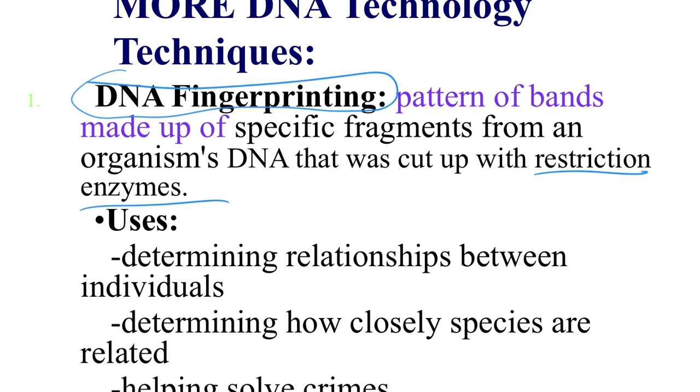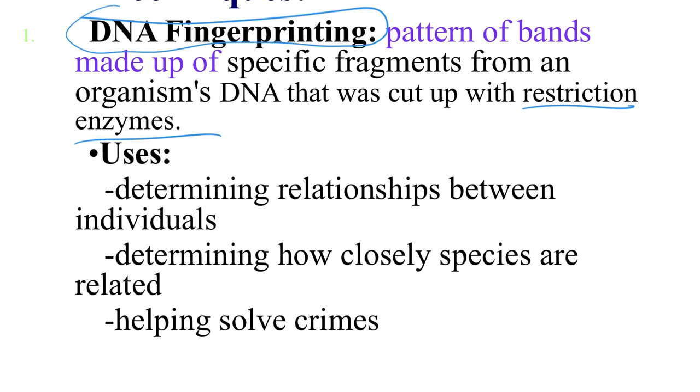Now, each of us will have similar fragments. We'll have identical fragments for some parts of the DNA, but we'll have specifically different size fragments because we all have variation in our DNA.